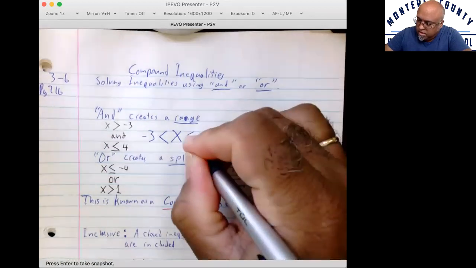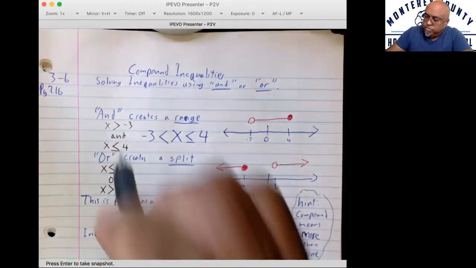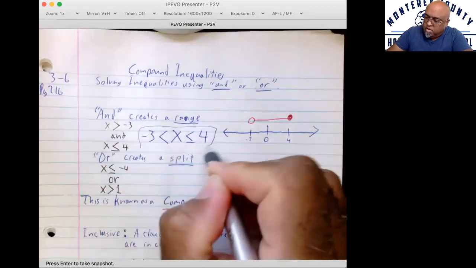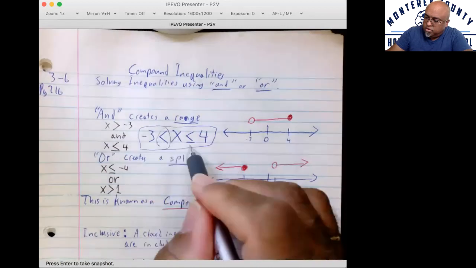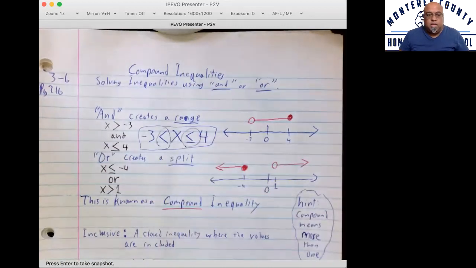Now, I have one mathematical sentence here, but there's two inequalities within the sentence. Okay, looks a little confusing, but you guys are smart and I know you can get this.